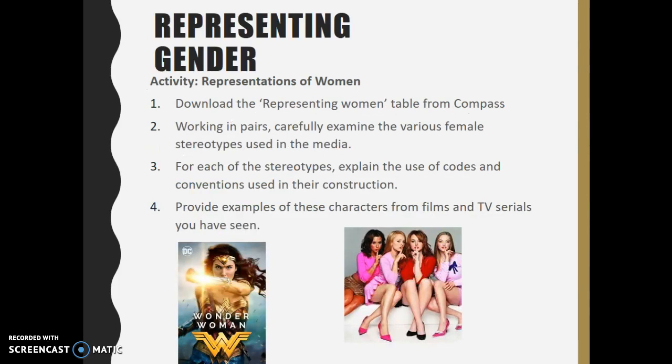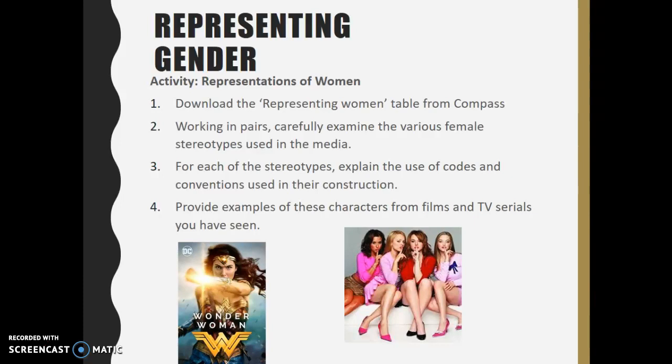Once you've done that, on page 9, if you didn't see, there is another table, representations of women. Again, I want you to work in pairs. It can be the same pair, different pairs, up to you. But I want you to talk about the stereotypes and explain the use of the codes and conventions used in their construction, and then provide examples of the characters from film and TV series that you've seen.